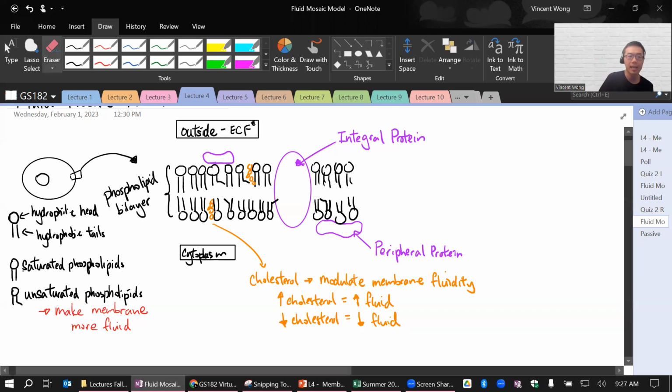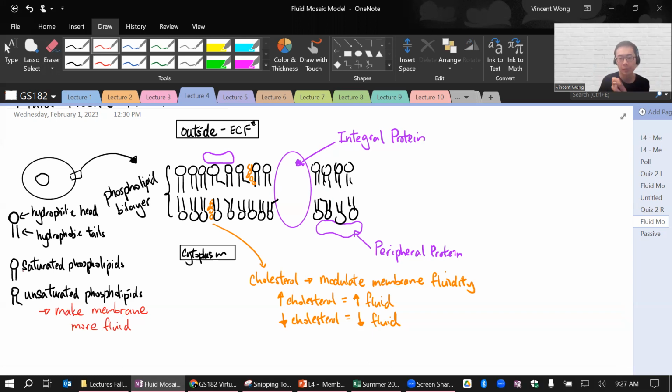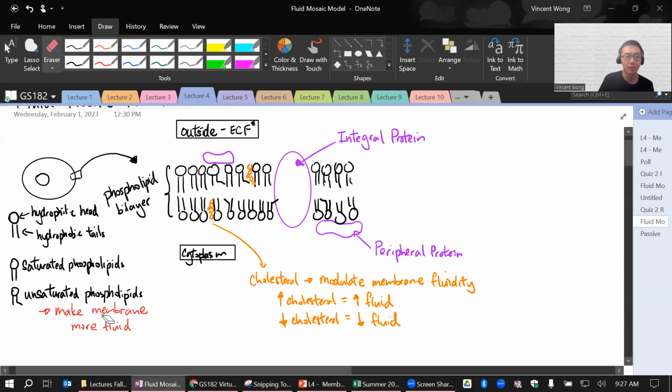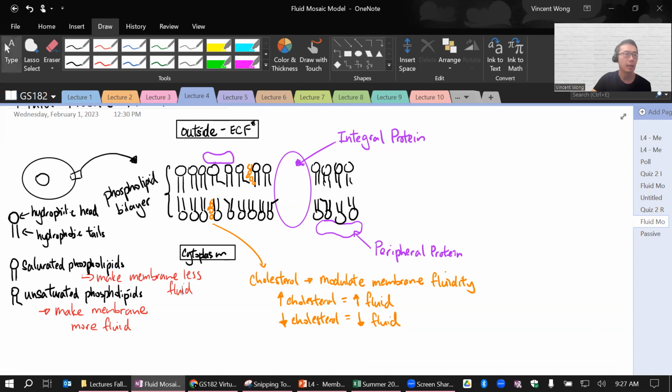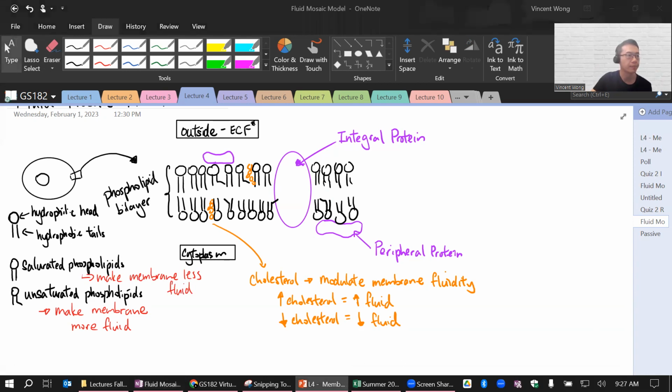Because of the kinks in the tail, the double bond that forms the kink makes it harder for them to pack together. If they don't pack together as much, they are more fluid. Okay, so unsaturated phospholipid makes membrane more fluid, whereas saturated makes membrane less fluid. Okay, we'll come back to this concept in a bit, but hopefully that makes sense to you.